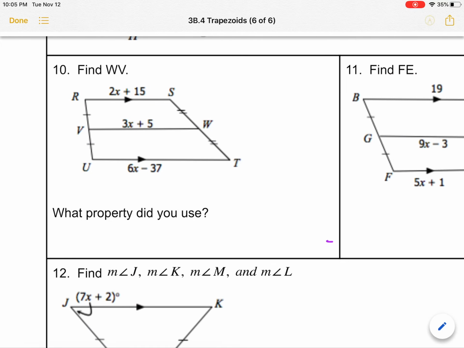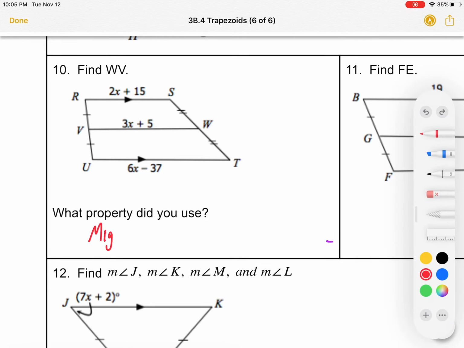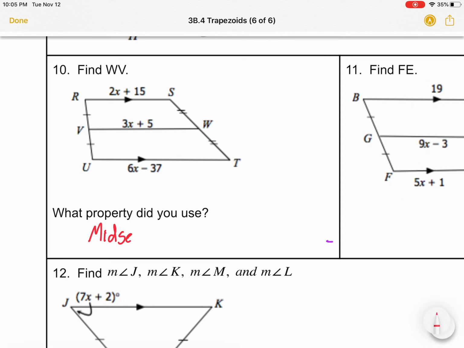Okay, and then jump over to 10. So what properties you use? You can just say not mid-segment, because then you're going to sound dumb. How about mid-segment? That sounds better. So use mid-segment. So again, you add the top and bottom.